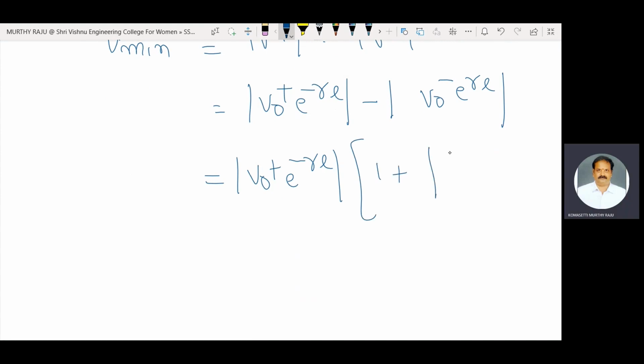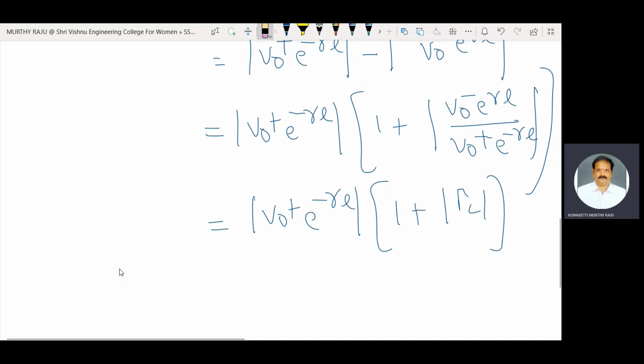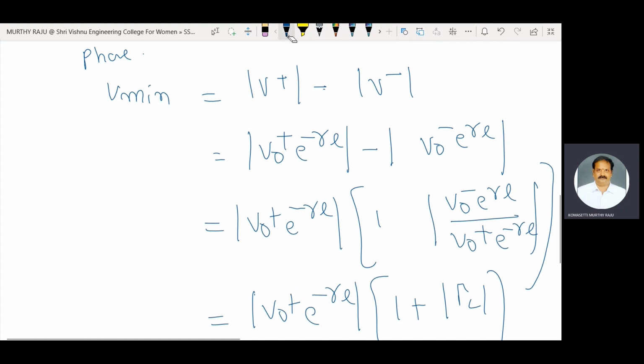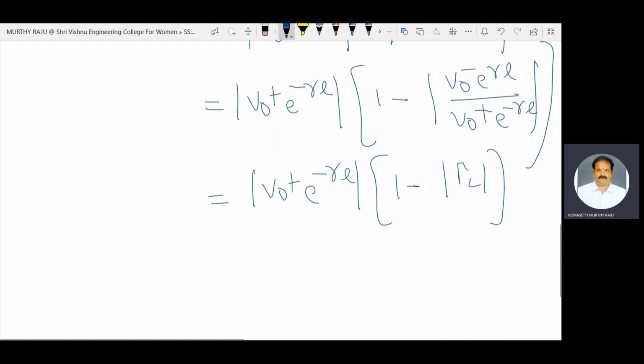So 1 minus mod V0 minus e power gamma L by V0 plus e power minus gamma L, and this is the reflection coefficient. So V minimum is mod V0 plus e power minus gamma L into 1 minus mod tau L. Here we use minus sign. This is V minimum.